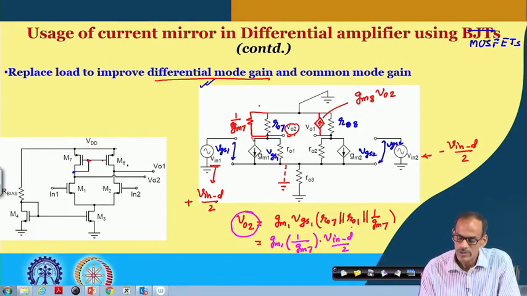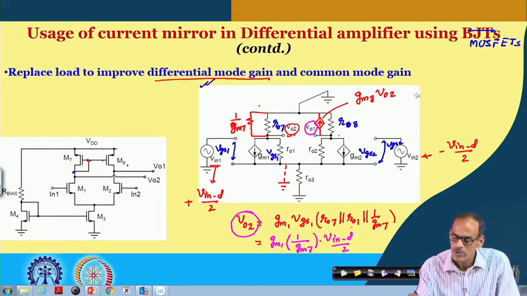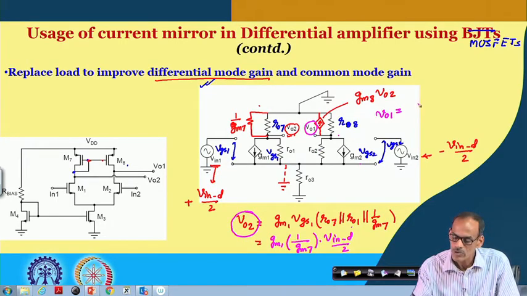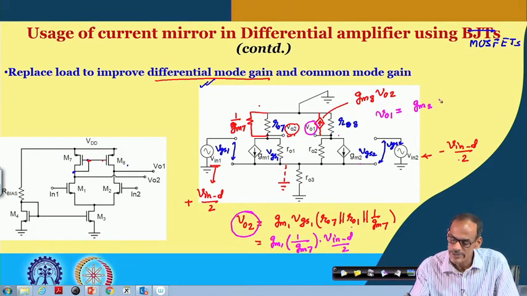Now, on the other hand, if I consider the voltage here, VO1, this is equal to the current here, GM2 into VGS2, which is equal to minus Vind by 2. So, this minus and that minus get cancelled.